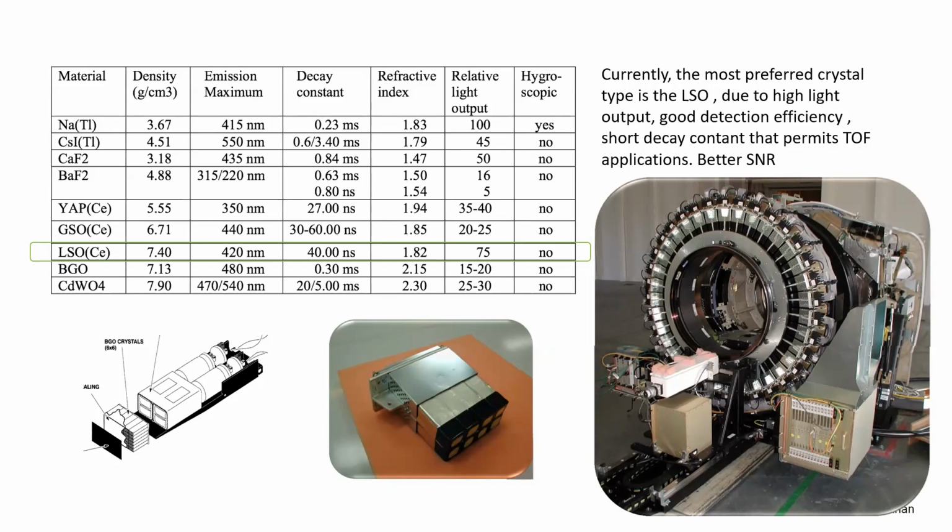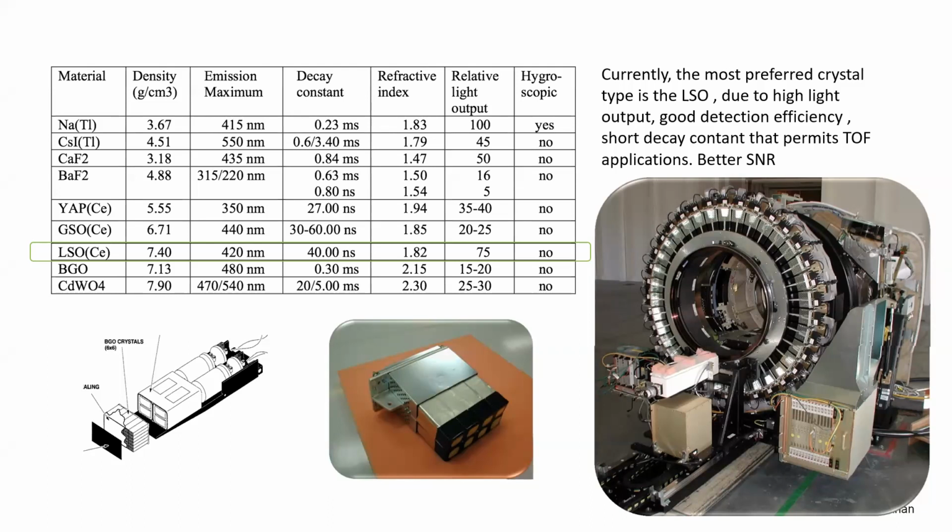Because of its high effective density coupled with very good light output and timing properties, resulting in high spatial resolution, sensitivity, and temporal resolution. Detectors have a thickness in the range of 1.5 to 3 centimeters to have sufficient stopping power for 511 kiloelectron volts.